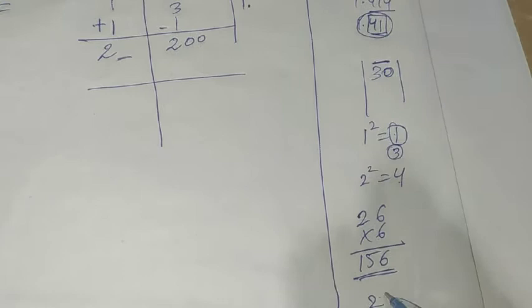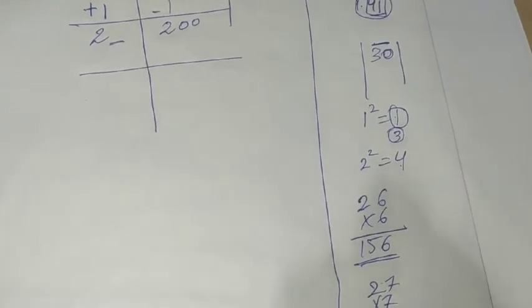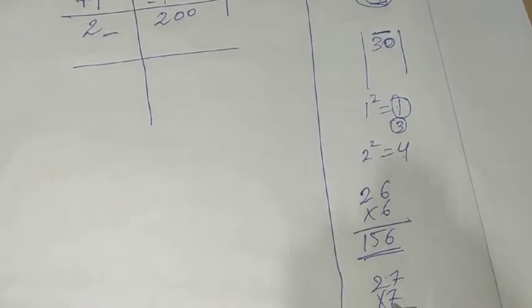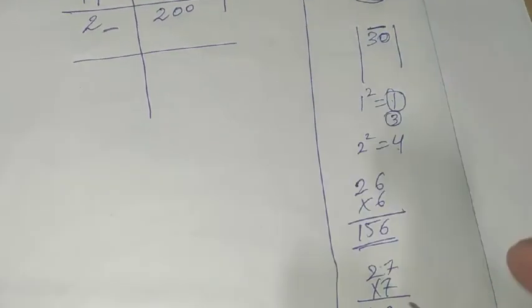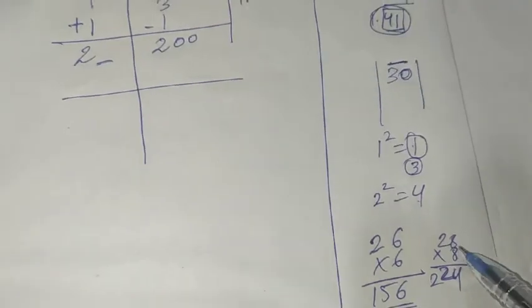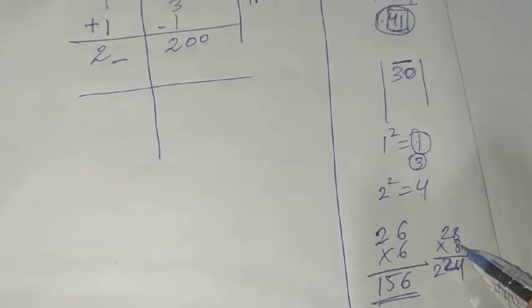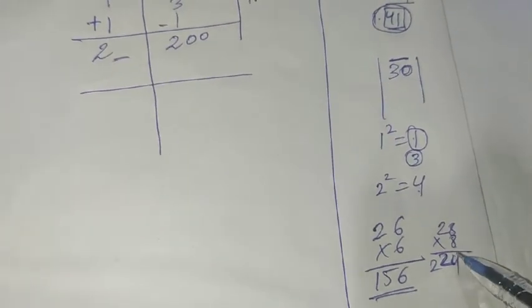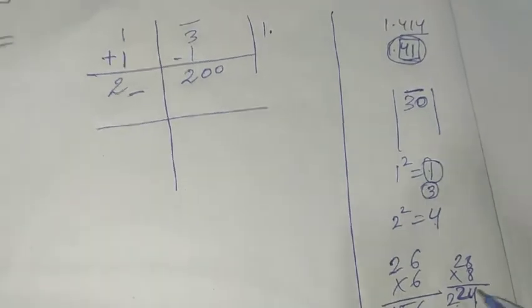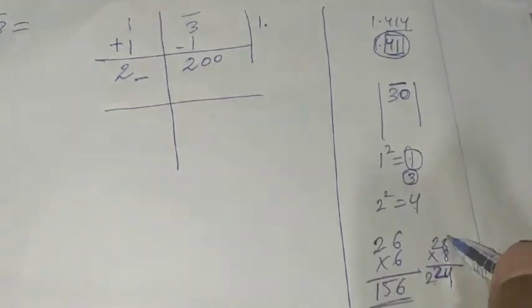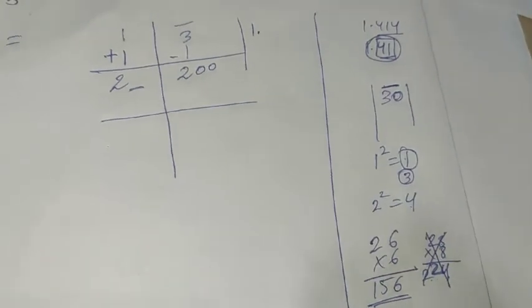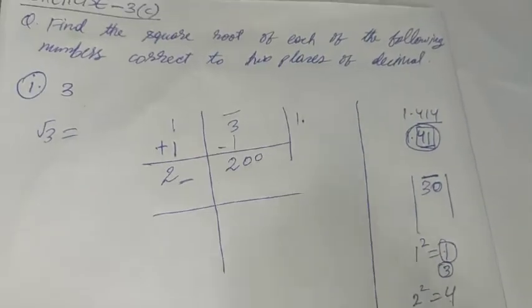Okay, let's see 27 into 7. 7 sevens are 49, 7 twos are 14, 15, 16, 17, 18, so 189. Let's take 28 into 8. When you multiply 28 into 8, you get 224, which is greater than 200. So we won't take 28. We will take 189, the nearest.